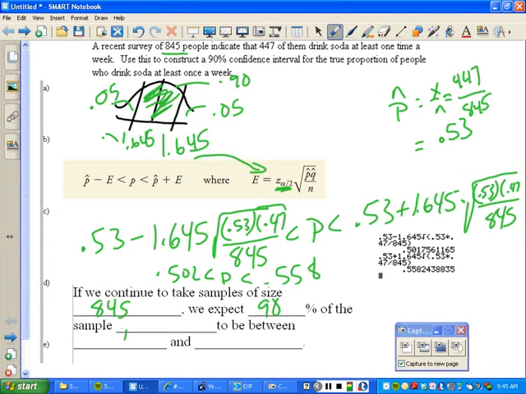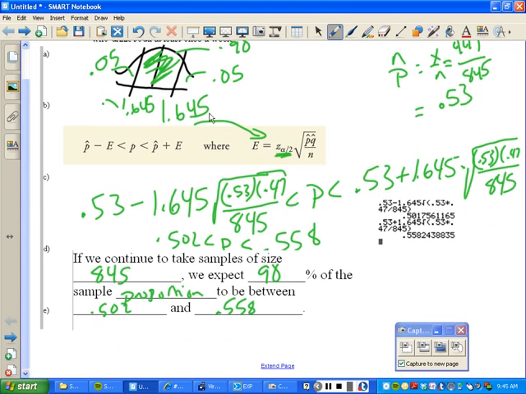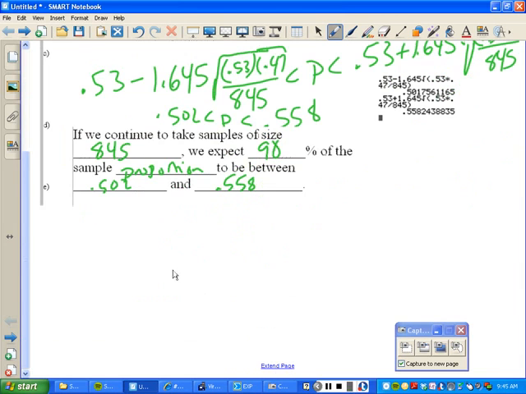Proportions. To be between 0.502 and 0.558. Okay?